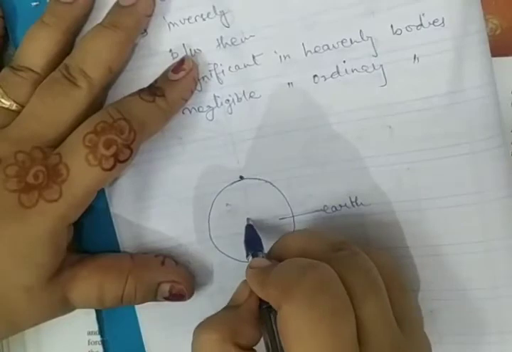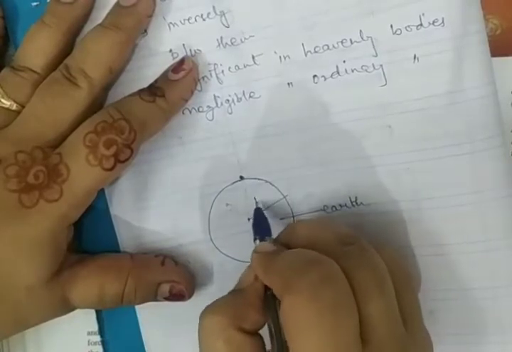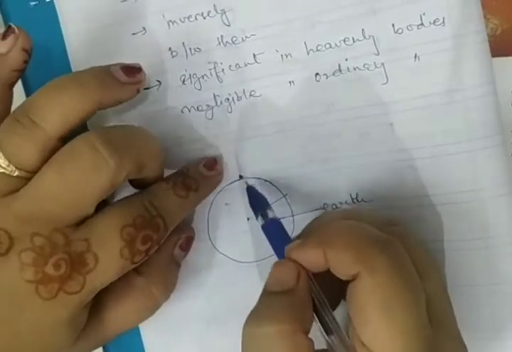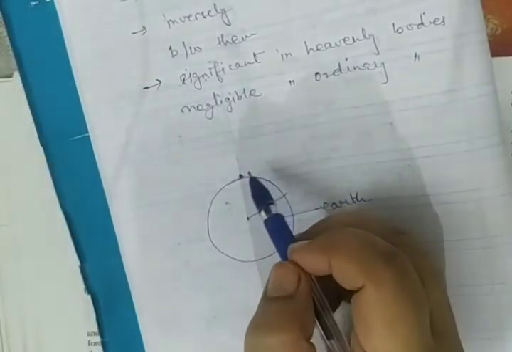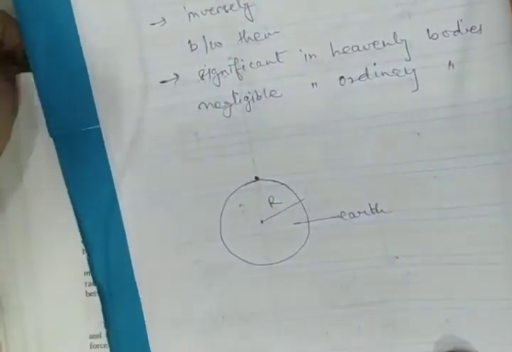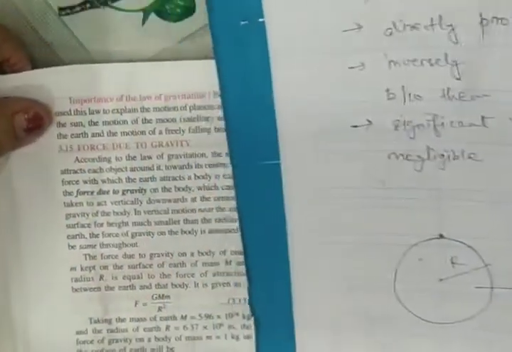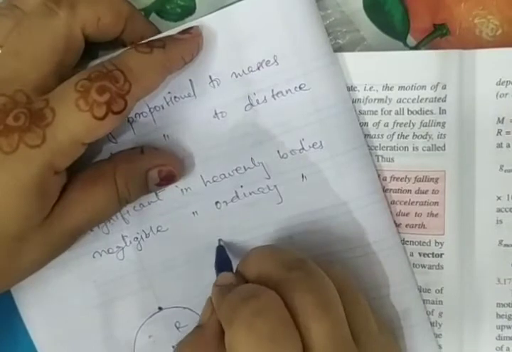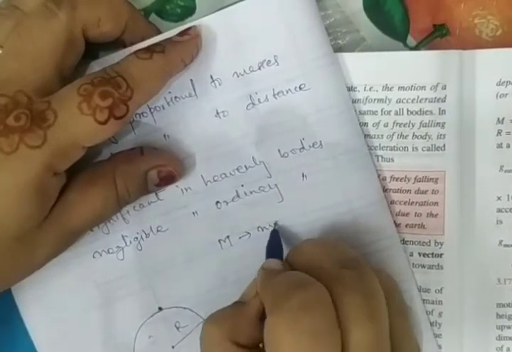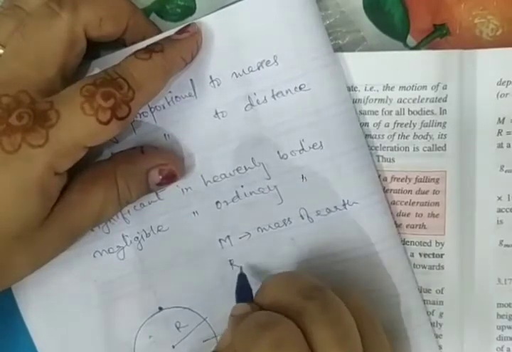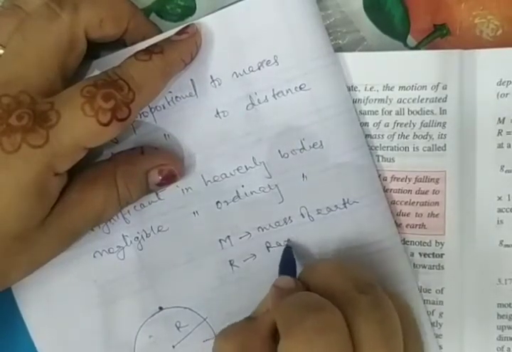But because the radius of earth is so big that these small heights above earth are taken to be negligible, right? So if we say capital R is the radius of Earth, and let us say that M is the mass of Earth, right? R is the radius of Earth.